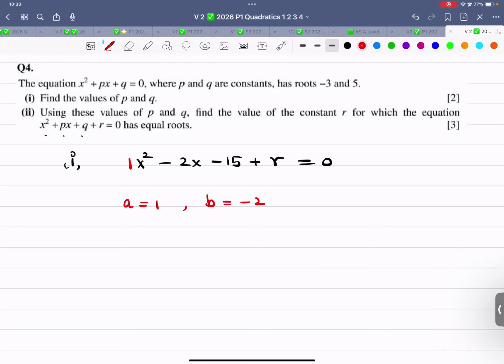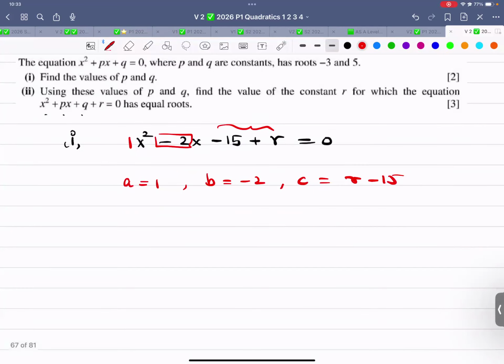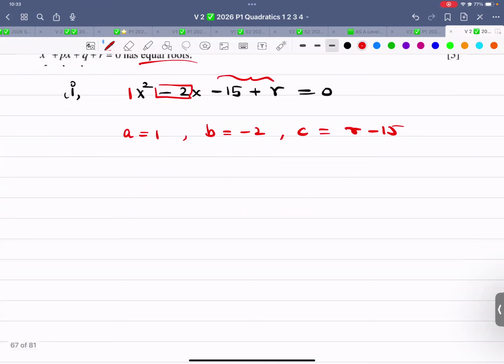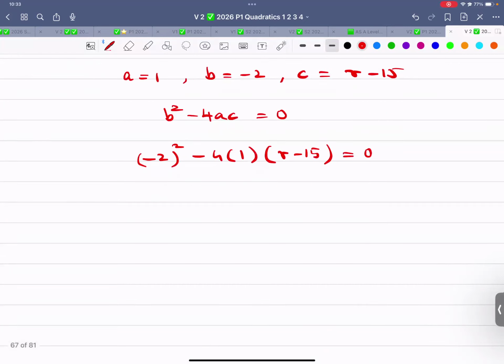B is negative 2. C is whatever constants are left. That is r minus 15, for which the equation has equal roots. B squared minus 4ac equals 0. So that is negative 2 whole squared minus 4 into 1 into r minus 15 equals 0.